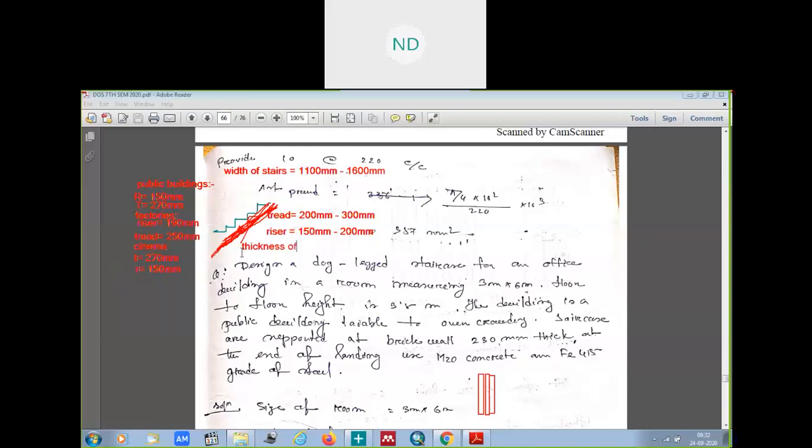The thickness of the waist slab is taken between 1 by 20 times to 1 by 25 times of the span of your stairs.